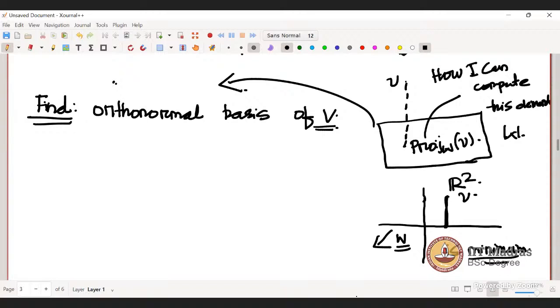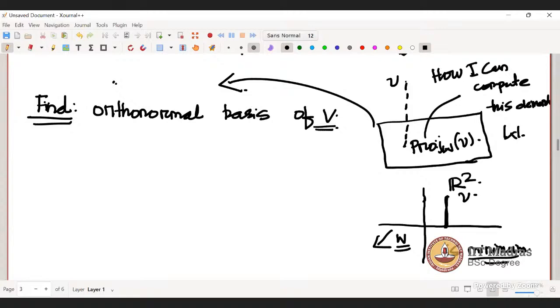So, sir, when you are projecting V to W, the dimension of W will always be less than V? It's not like that.